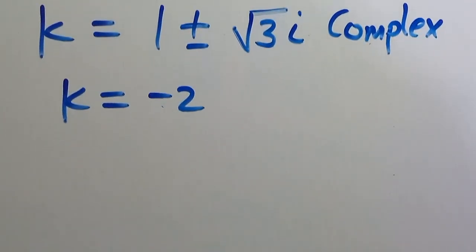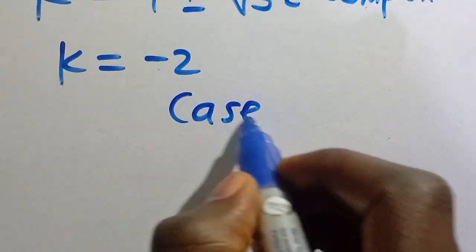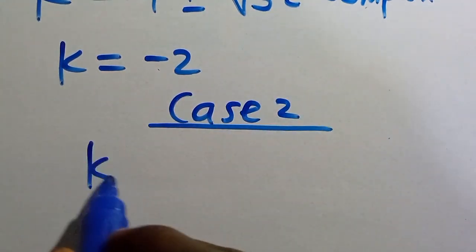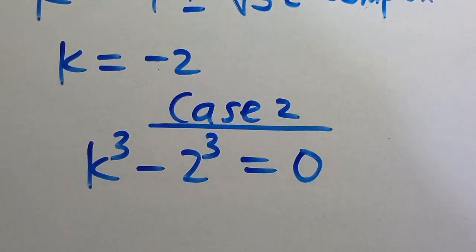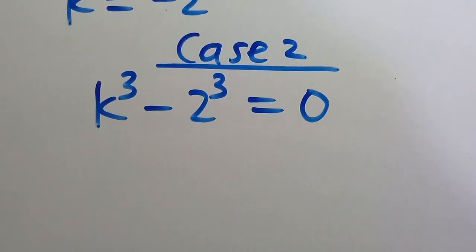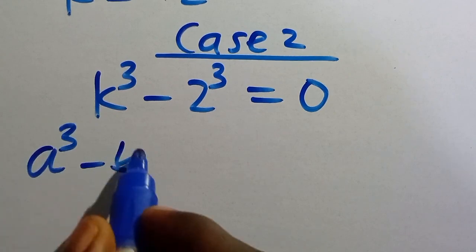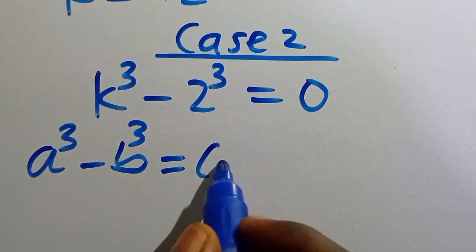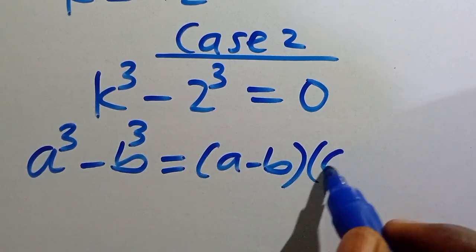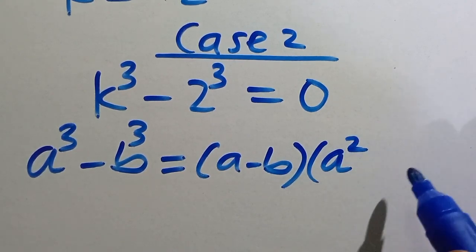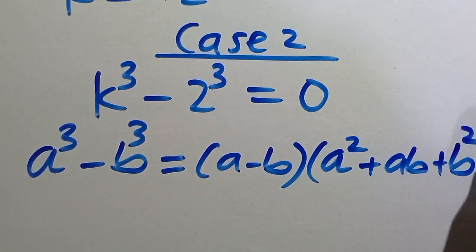Then let us recall from the second case where we have k to the power of 3 minus 2 to the power of 3 equals 0. Then let us recall that a to the power of 3 minus b to the power of 3 can be simplified as a minus b in parentheses, multiplied by a square plus ab plus b square, all in parentheses.